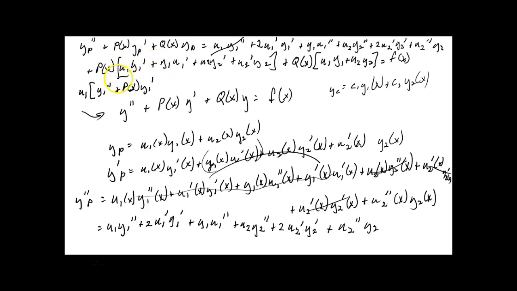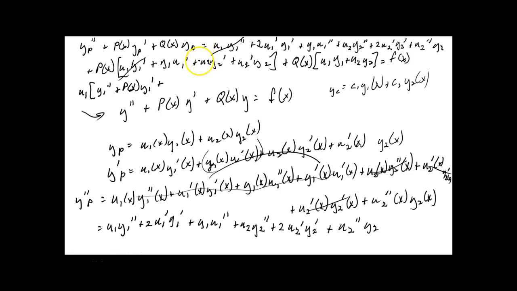Now that takes care of this term with the p of x. Let's jump to the third one: plus the u1 that we've already factored out, and you've got a q of x y1. That will take care of that term.